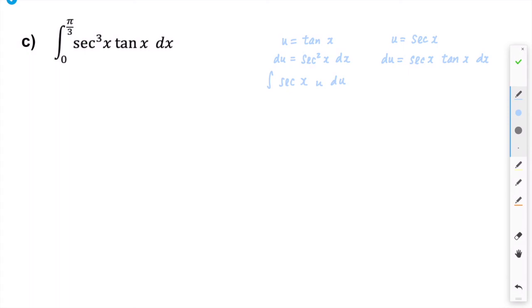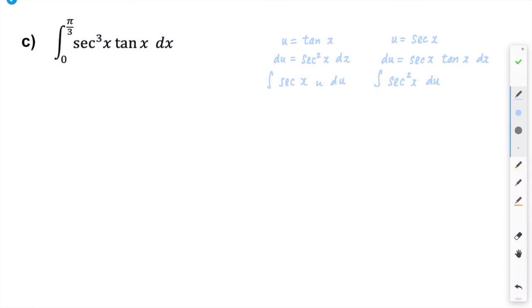What does that mean? That means I will have one of the secants from that cube taken away, right? But essentially, I will still have secant squared x, and then secant tan dx all become du. Is this something that we can do?